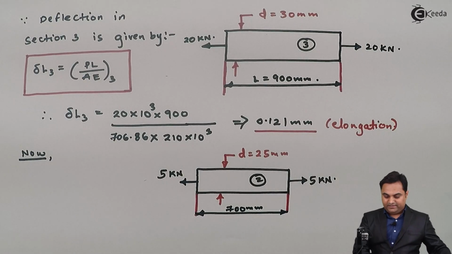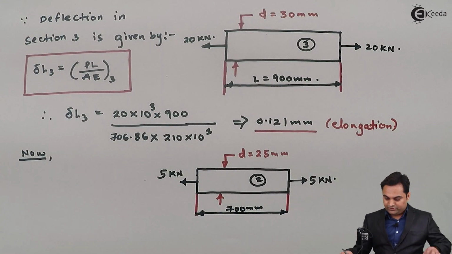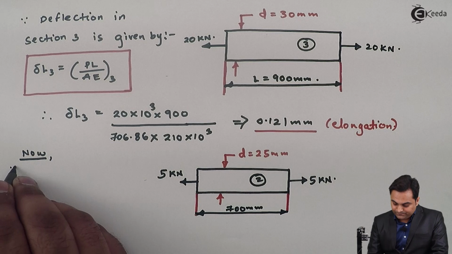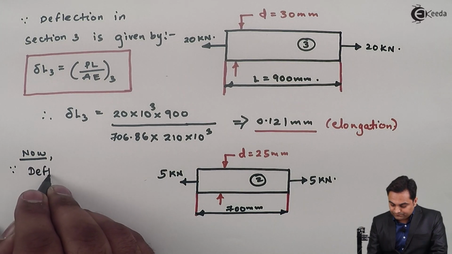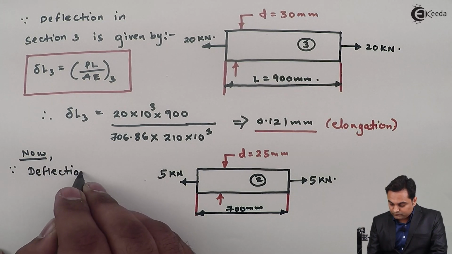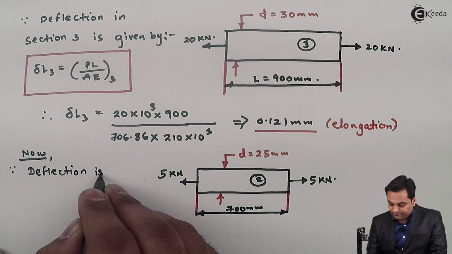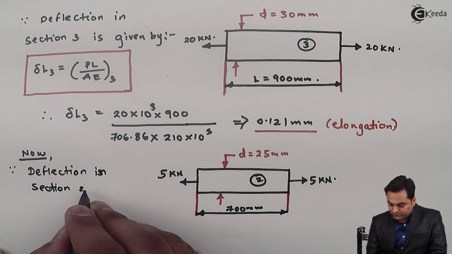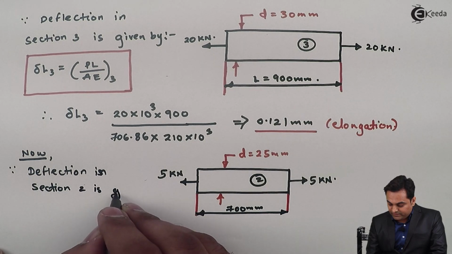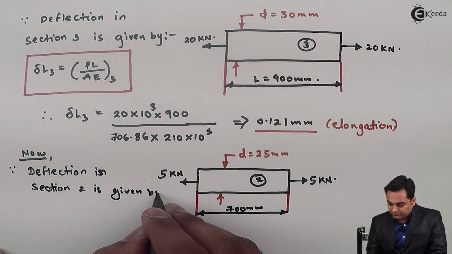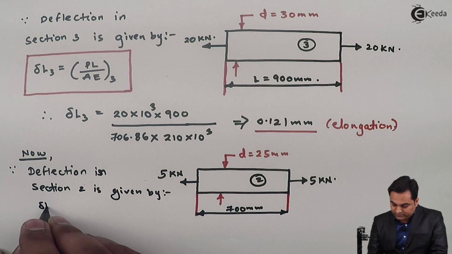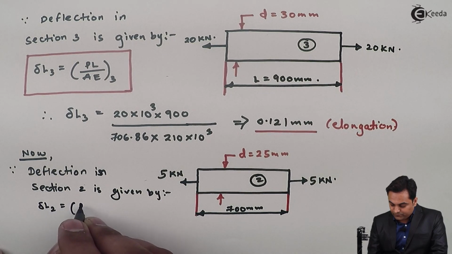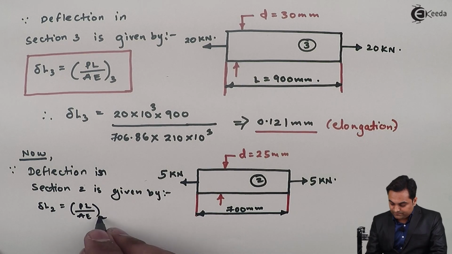So here I can calculate the deflection for the second portion, that since deflection in section 2, section 3 is over, is given by delta L2 is equal to PL upon AE for the second section.